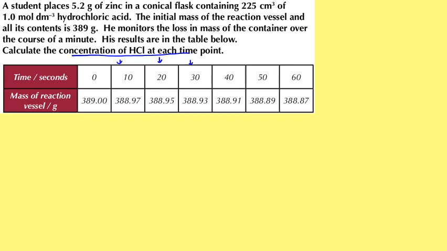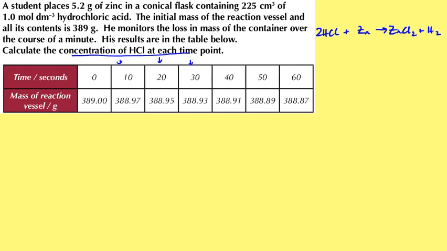So a concentration of HCl, but we have just got the mass of the reaction vessel. So look, this is chemistry, so it's always a good idea to start off with the balanced equation. And so we've got some hydrochloric acid, and we've got some zinc, and we're going to make some zinc chloride and some hydrogen gas.